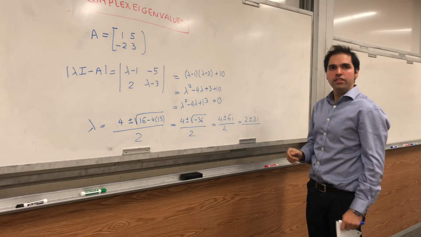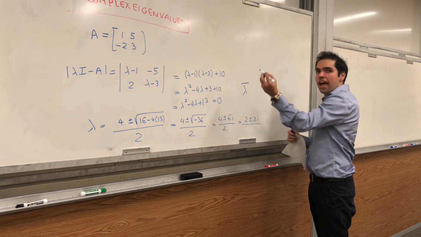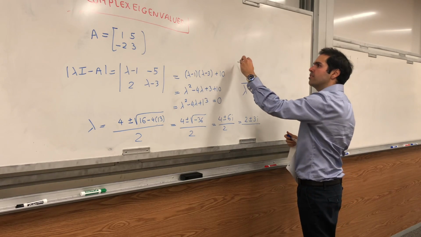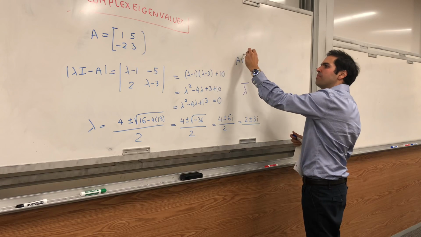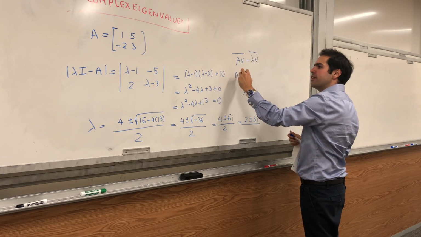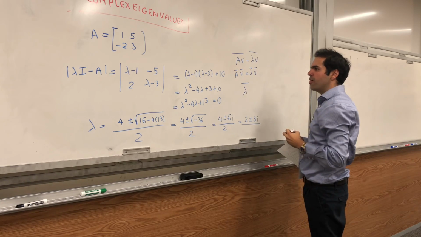In fact, it is true that if lambda is an eigenvalue, then so is lambda bar, if A is a real matrix, because you can always take AV equals lambda V and put bars everywhere: A bar V bar equals lambda bar V bar.